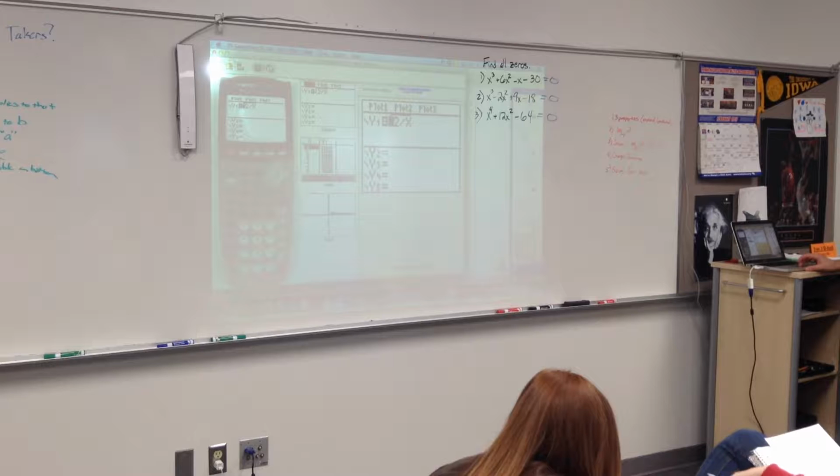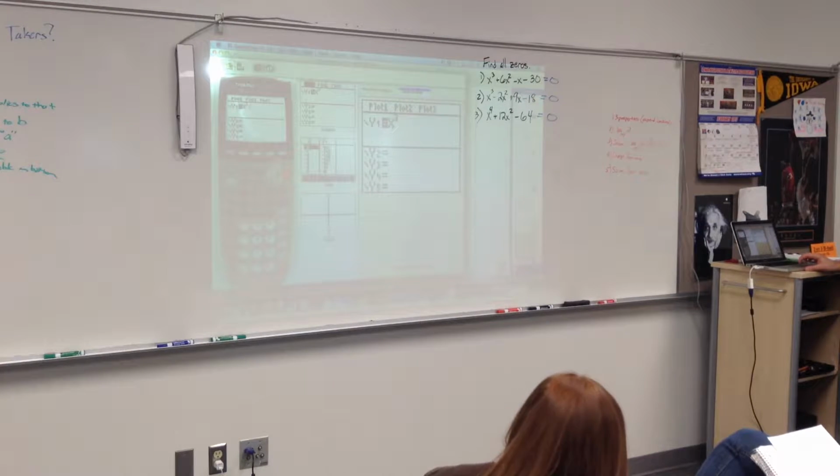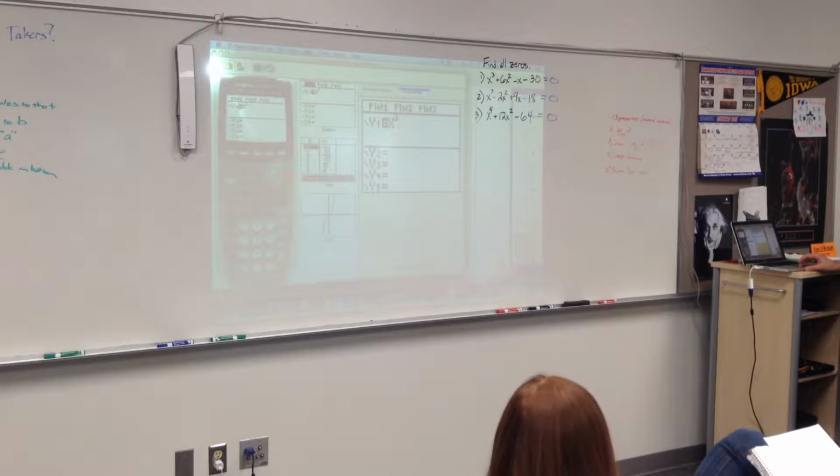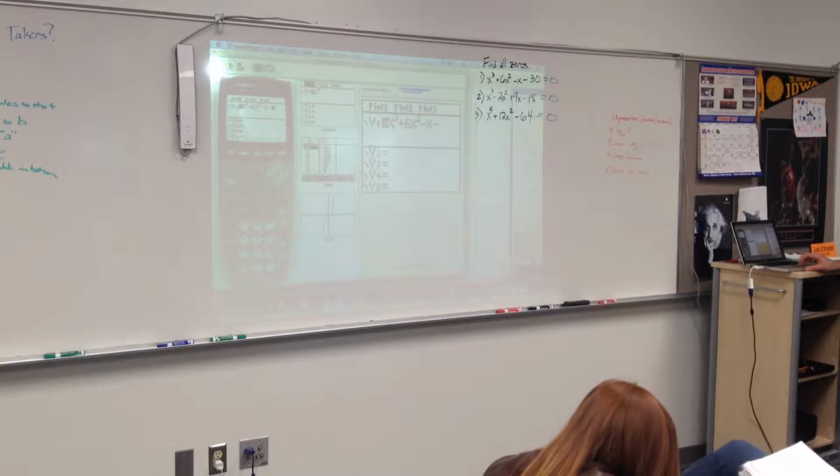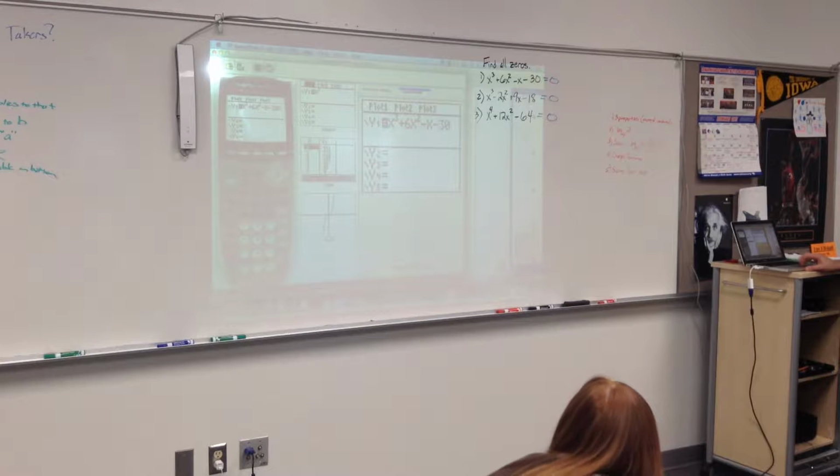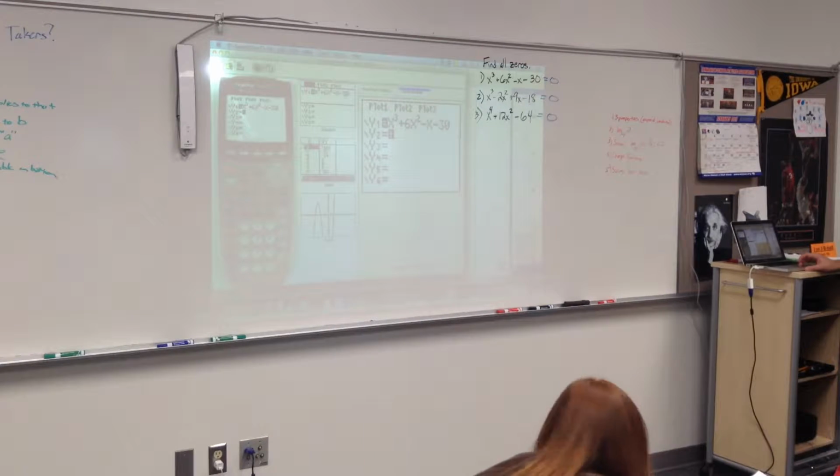To find the zeros, I probably don't even use the graph, guys. I'll use the table. So x cubed, then 6x squared minus... probably just use the table.